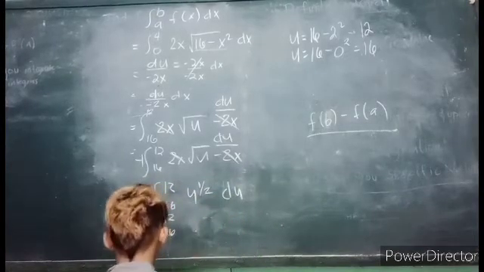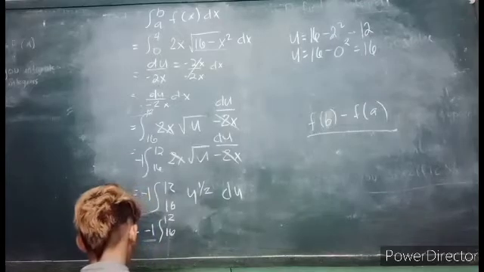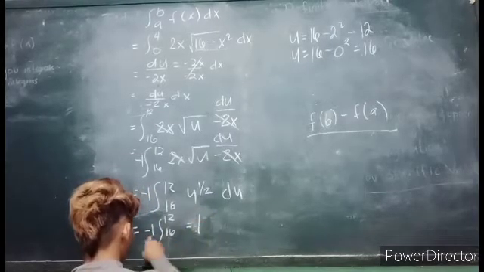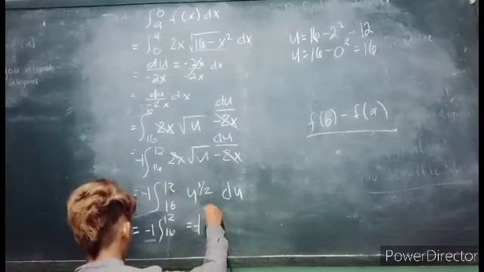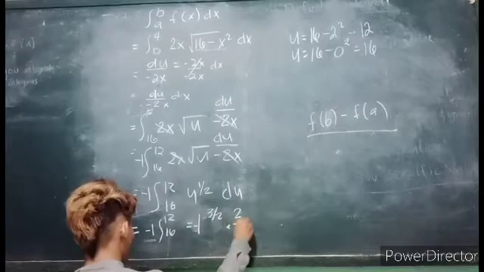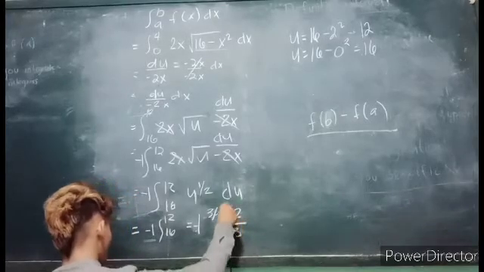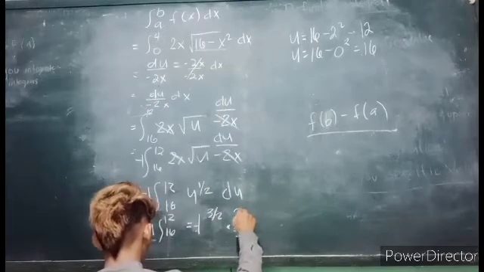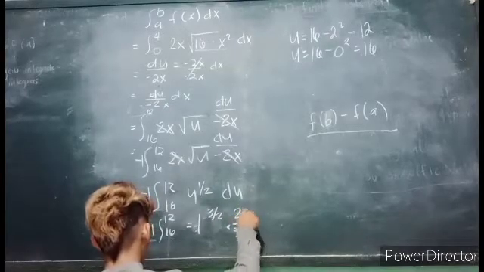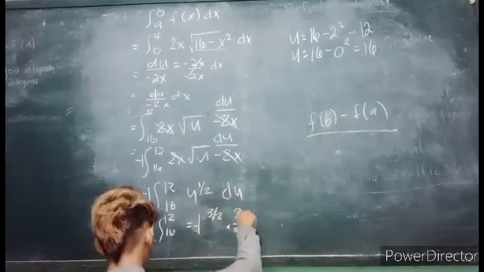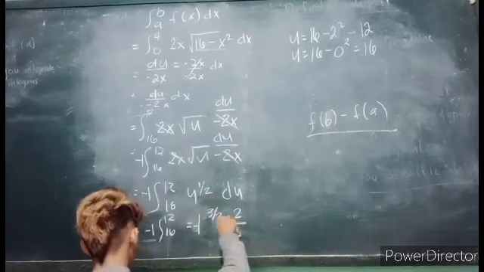So, negative 1, copy this, 3 halves, 2/3. So, instead of dividing by 3 halves, so the antiderivative of u raised to 1/2 is 1 plus 1/2.